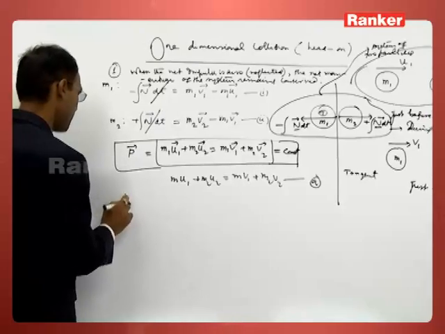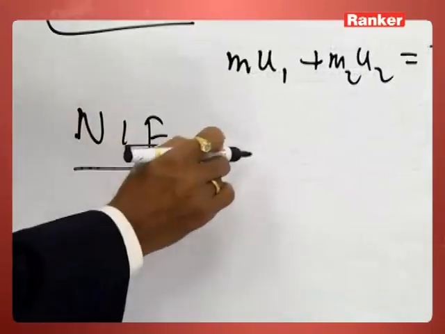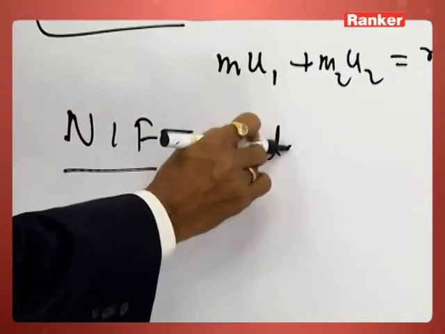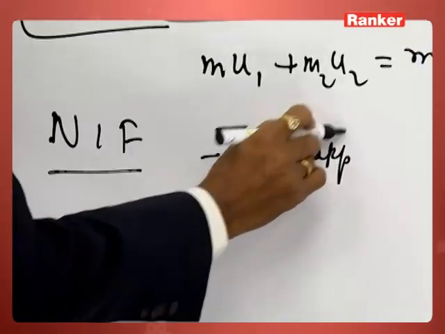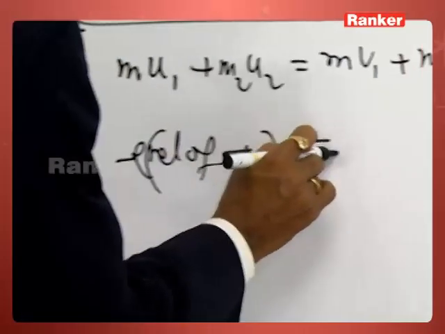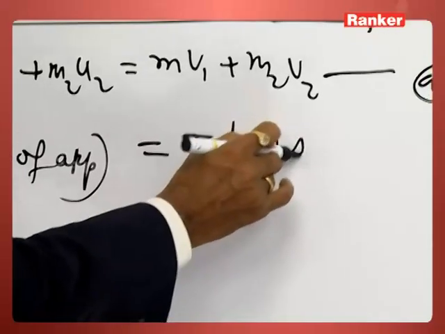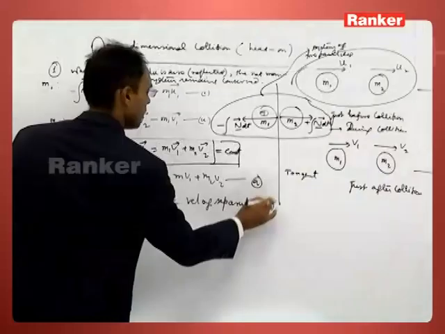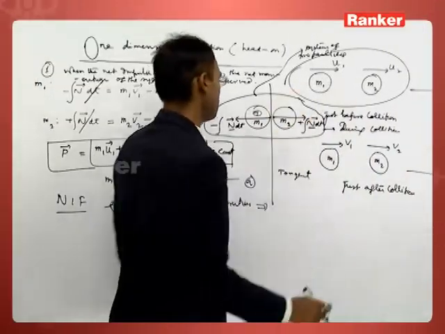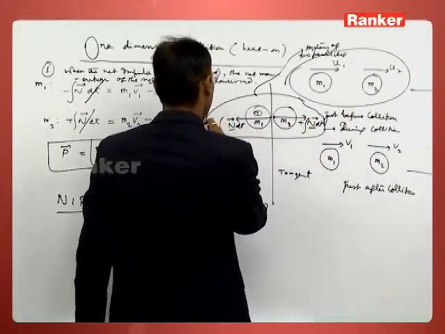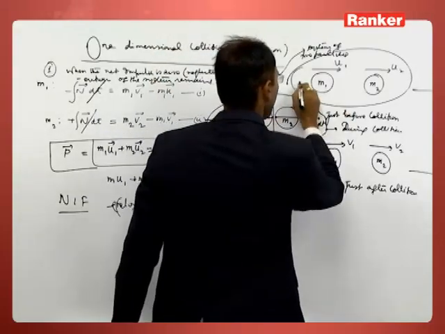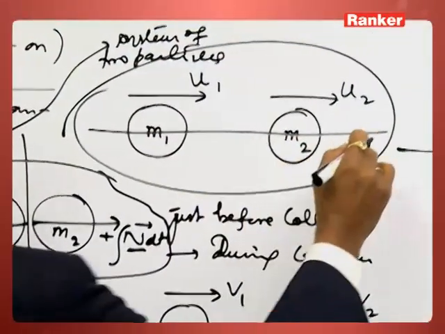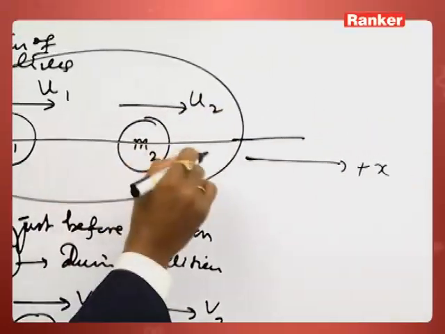Now Newton's empirical formula states that minus e, the coefficient of restitution, into the velocity of approach is equal to the velocity of separation. Approach velocity is the velocity relative to each other along the line of interaction.